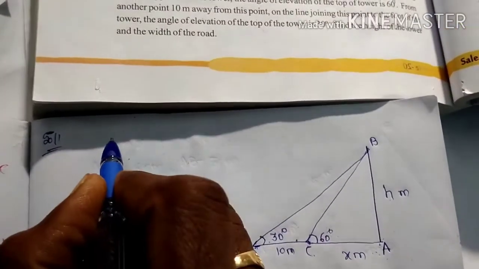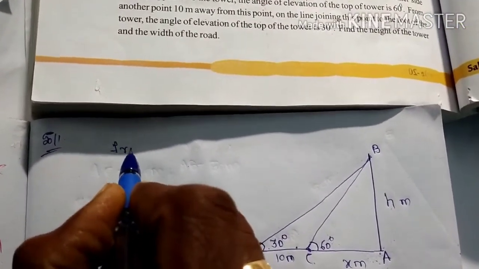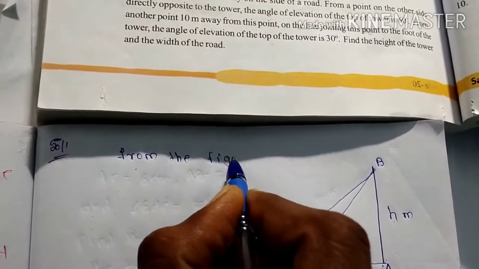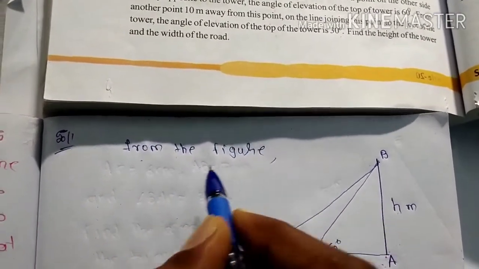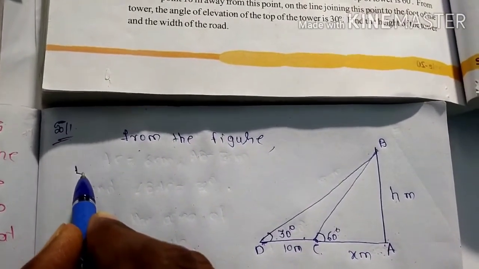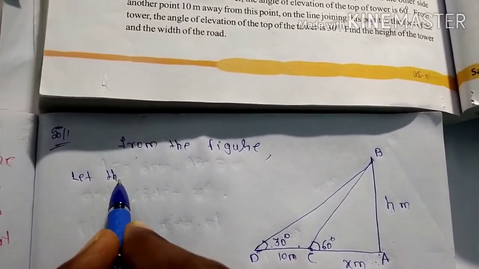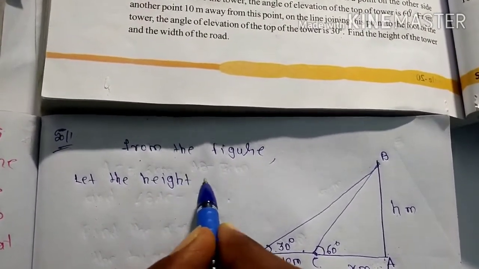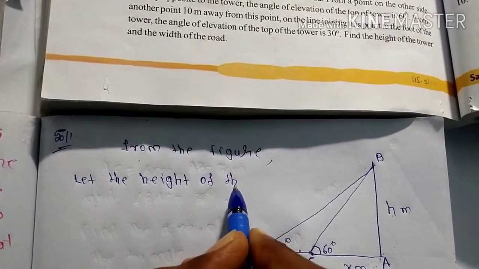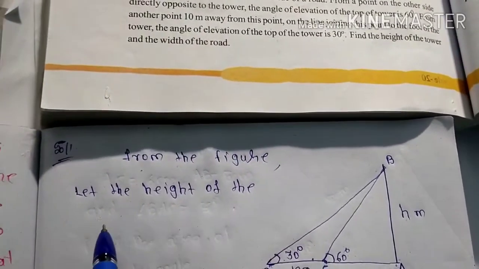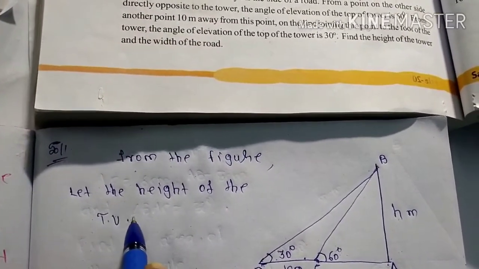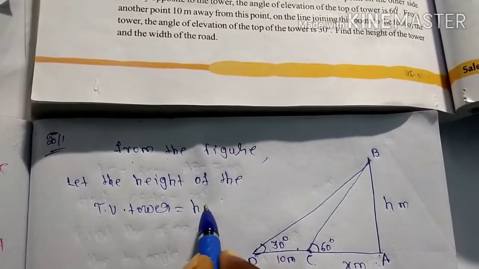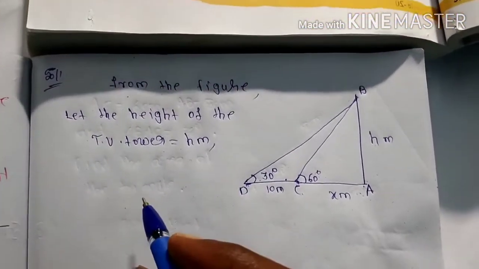Now we can write from the figure, let the height of the TV tower be h meters.